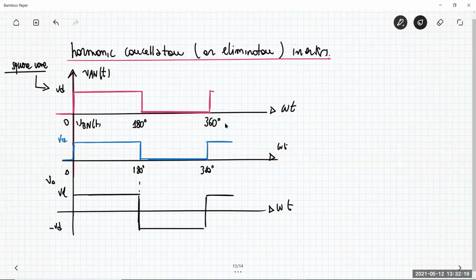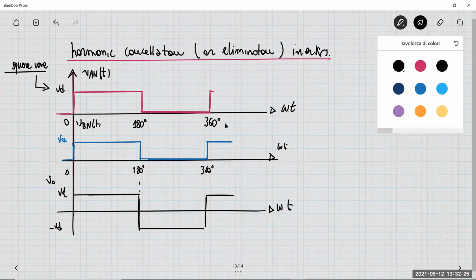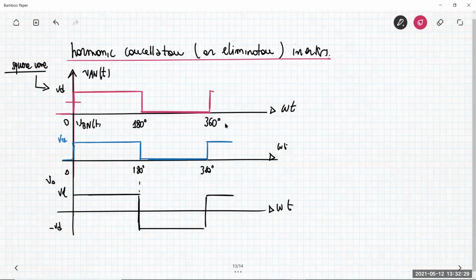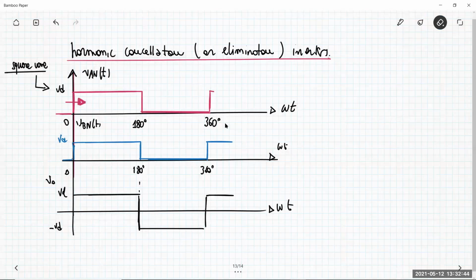Suppose that now I have the possibility to shift this waveform in this way. I can have VAN, and then I shift this waveform rigidly toward the right. And VBN, oh sorry, this VBN, of course, is this one.